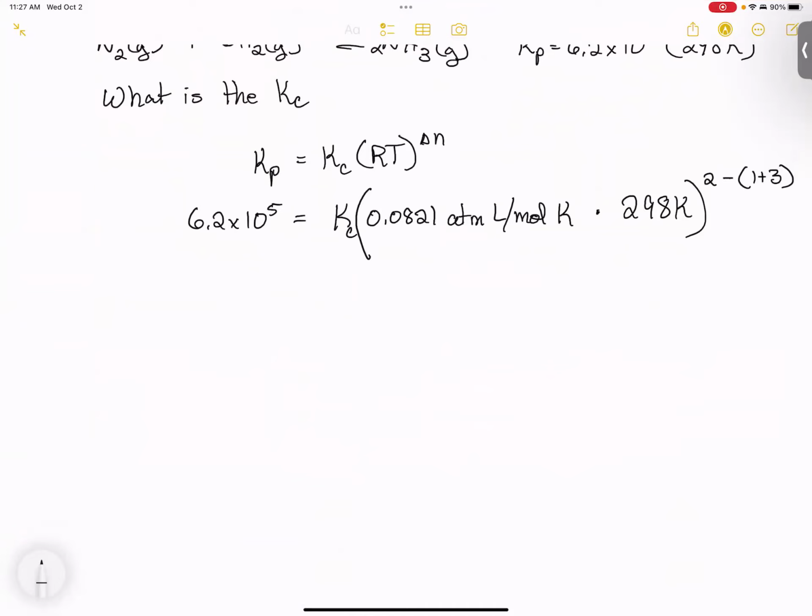Let's simplify this. So 6.2 times 10 to the fifth is equal to the Kc times 24.4658 raised to the 2 minus 4, which is a minus 2.